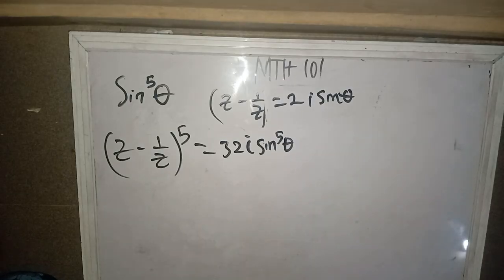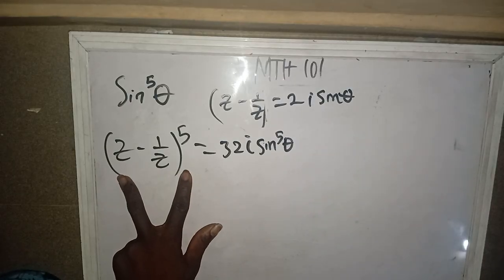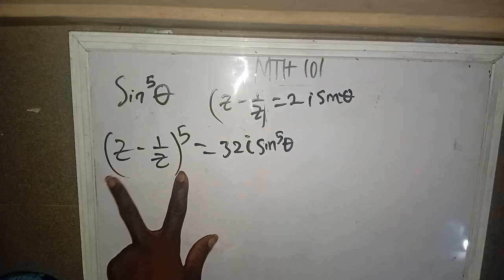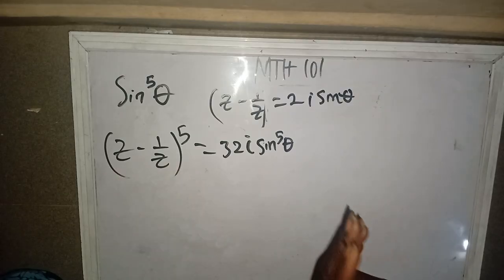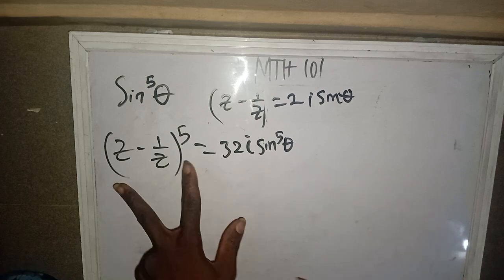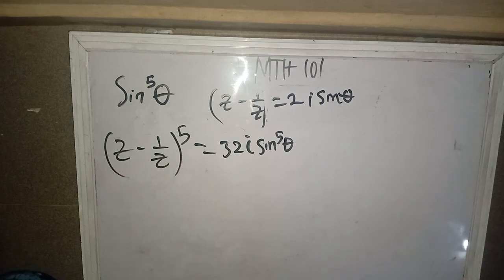Now we need to expand this using the binomial theorem. Please go and watch my video on binomial theorem so that you will be able to expand this yourself. But I will only teach a trick now, just a trick. Listen.